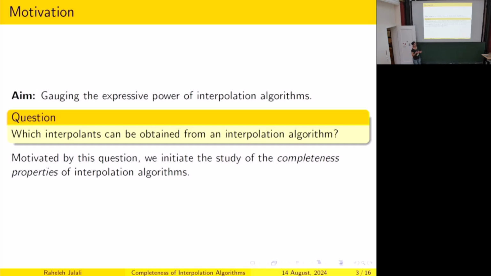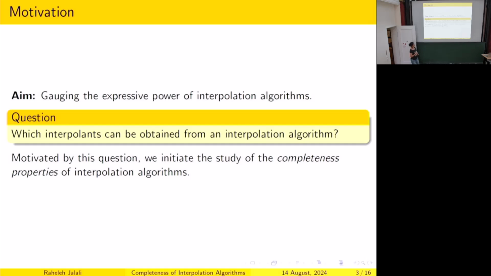We want to gauge the expressive power of interpolation algorithms by answering the question: which interpolants can we obtain from an interpolation procedure? We initiate the study of completeness properties of interpolation algorithms.